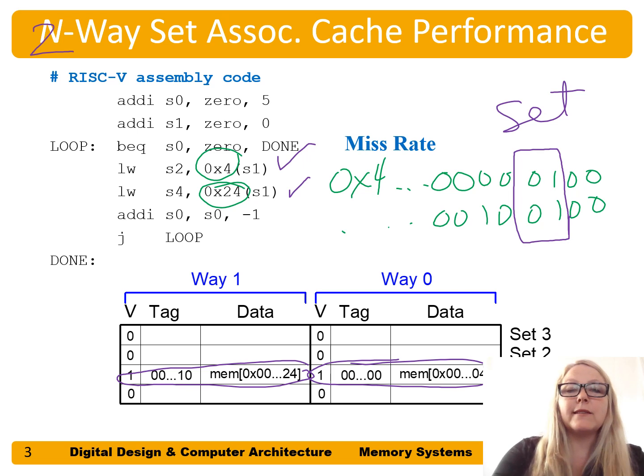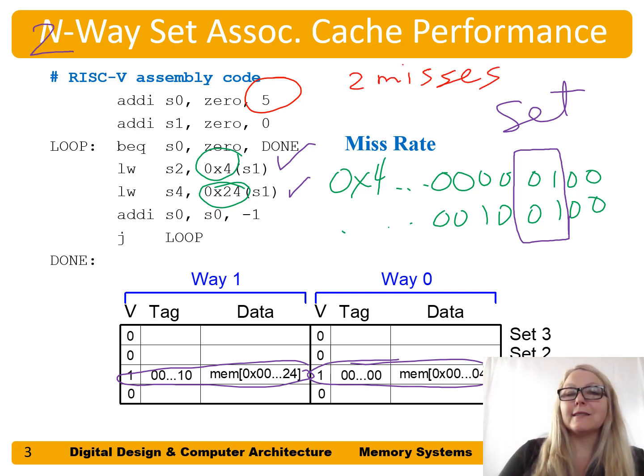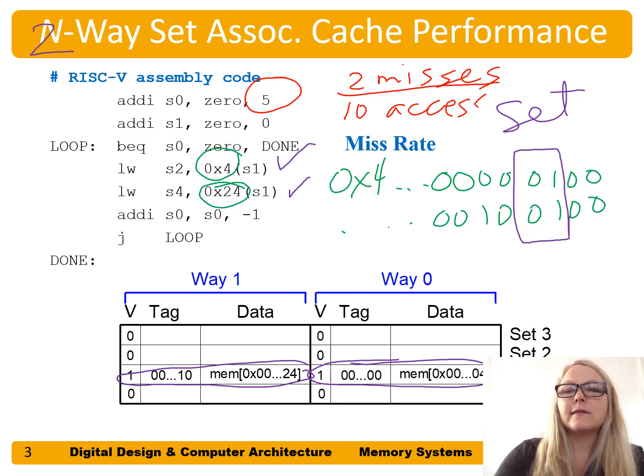But now the next time, again, this is running 5 times, so we have 5 times through this loop, and we have 2 accesses that are misses. So we have 2 misses. But the next 8 accesses, the next 4 times through the loop, are hits. So we'll have 2 misses total and 5 times 2, or 10, memory accesses. So 2 out of 10 is the miss rate, or in other words, 1/5 or 20%.